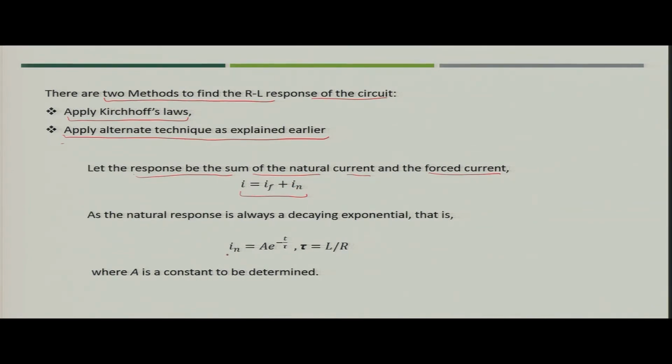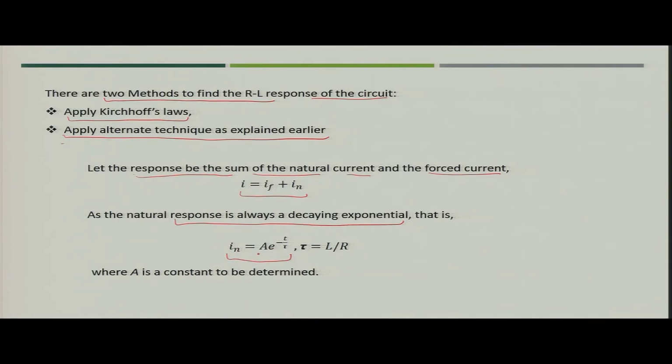Let us say the natural response is some A into e to the power minus t by tau, because the natural response is always decaying, as there is no external force applied. Whatever current is flowing through the inductor will eventually decay out to 0, so it will always be exponentially decaying.